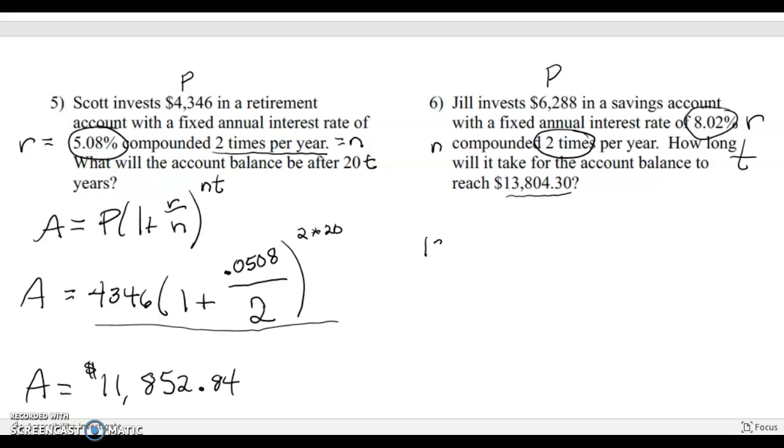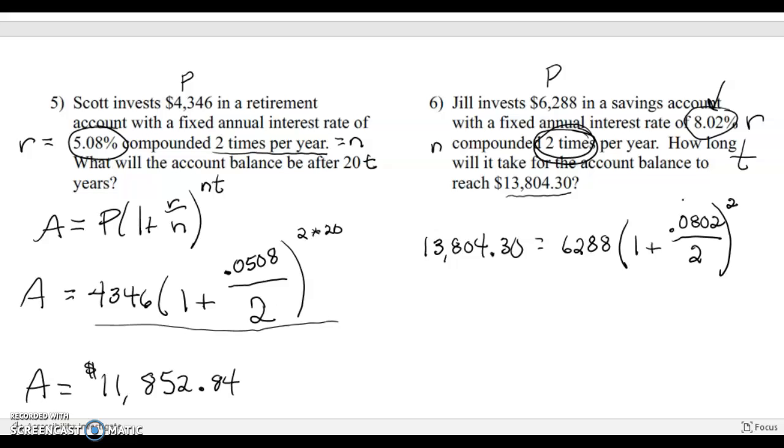So the final amount, $13,804.30, equals the original amount, $6,288, open parentheses, 1 plus the interest rate, which is 0.0802, divided by the number of times it's compounded a year, so that's 2 times a year, to the NT power, or 2T.